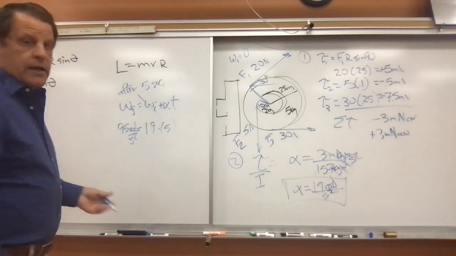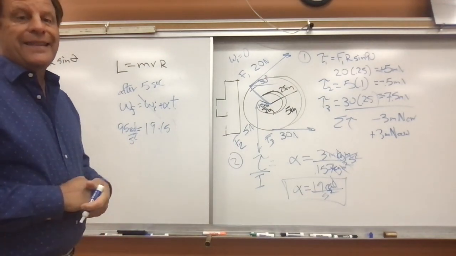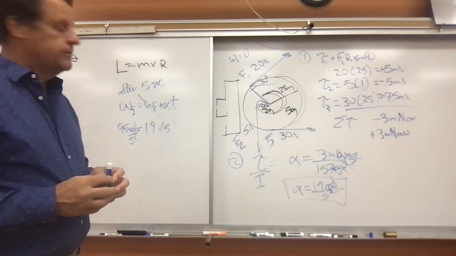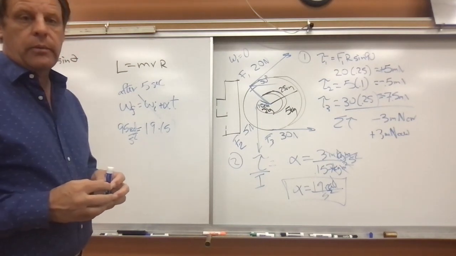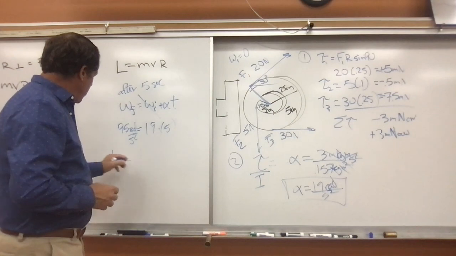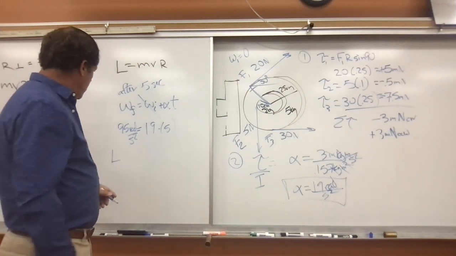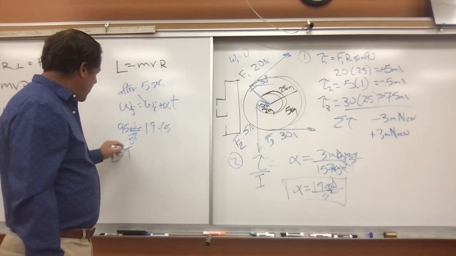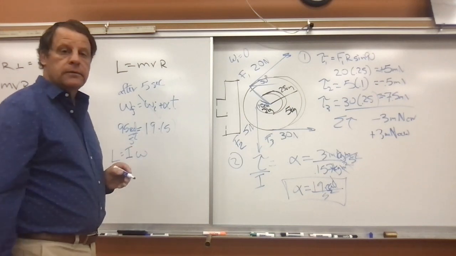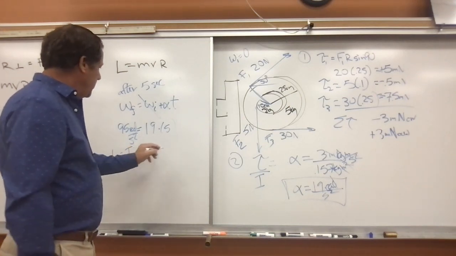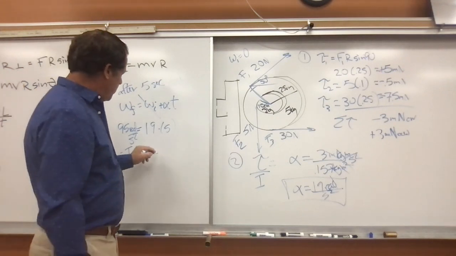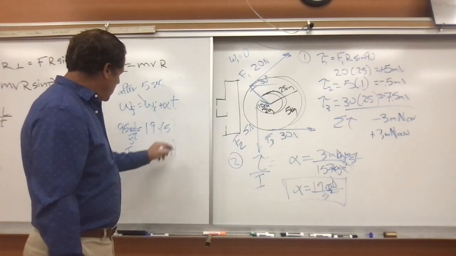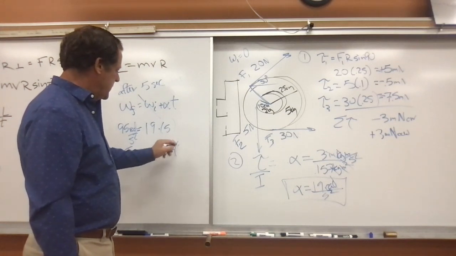So we could then ask, what is the angular momentum? So angular momentum is going to be equal to I omega, which would be equal to 0.157 times 19.